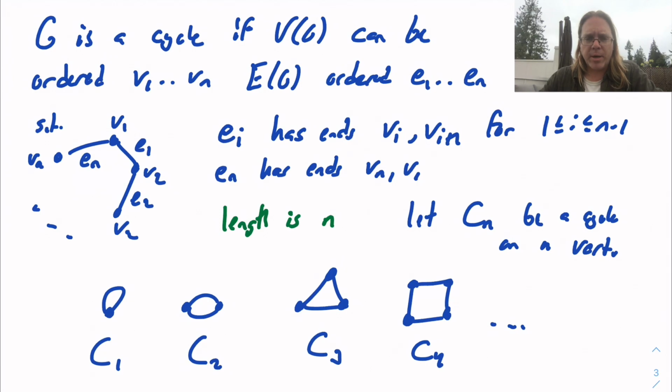Maybe it bears mention here that, again, if I'm giving you a graph that is a path or it's a cycle, the vertices in a graph do not come ordered, right? When I give you a graph, that graph consists of a set of vertices and a set of edges and an incidence relation.